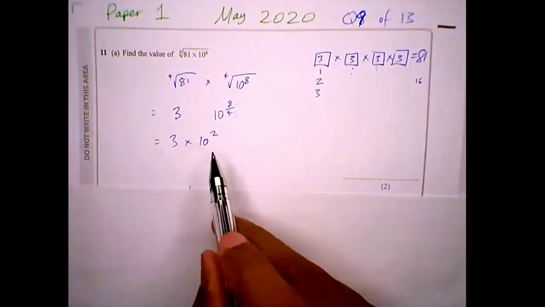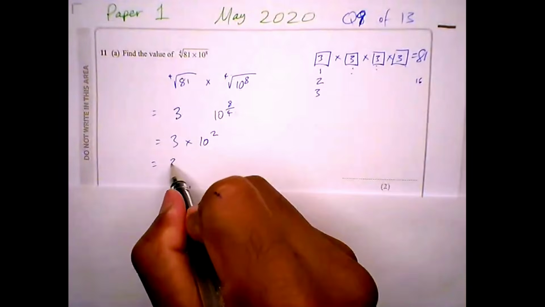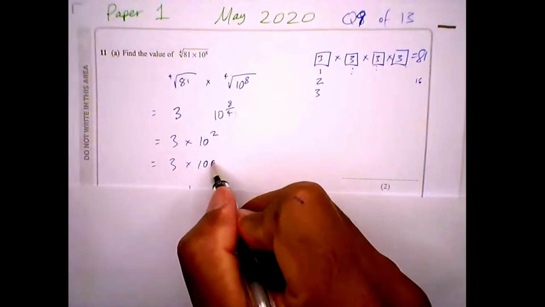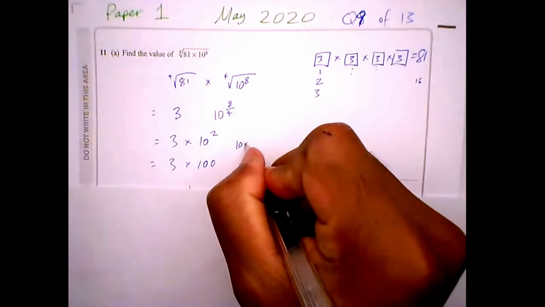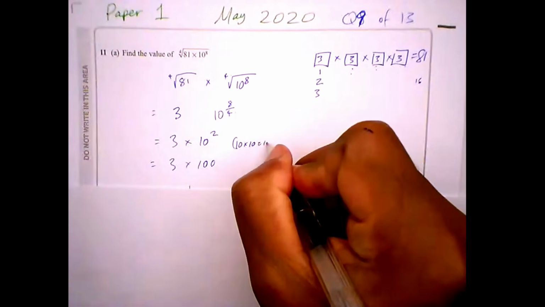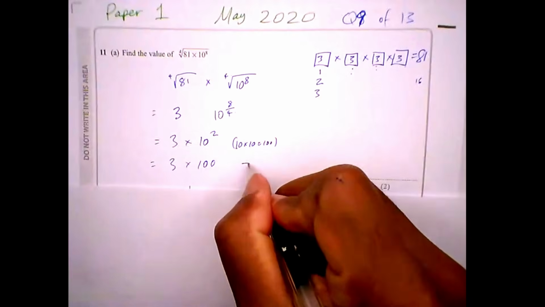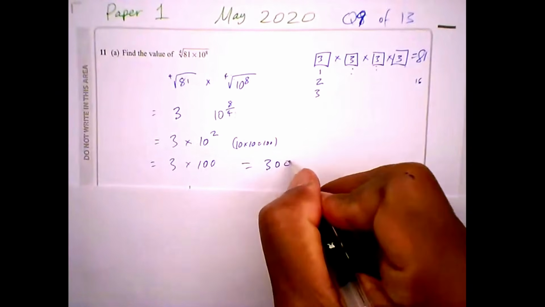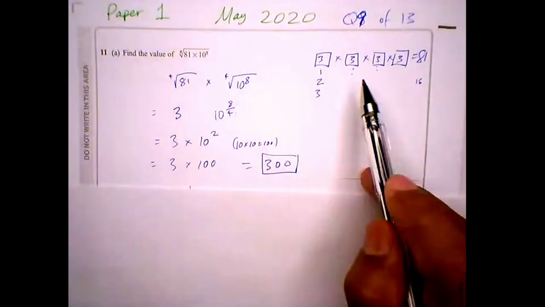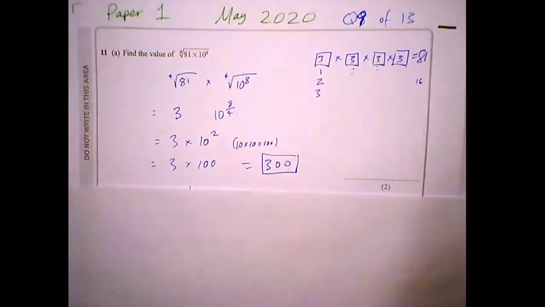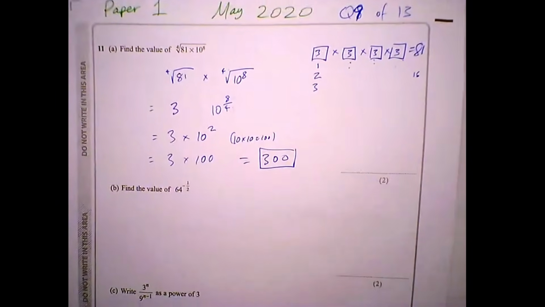So this is 3 times 100. 10 times 10 is 100. And so we have 300. Okay, so I've gone through it, but you can hopefully do this in your head much faster. Nice 2 marks there. Let's look at part B now.